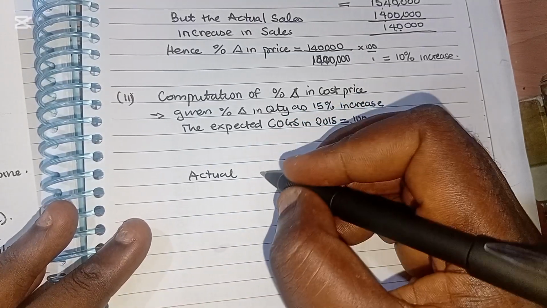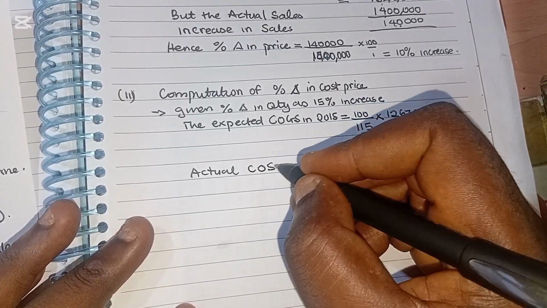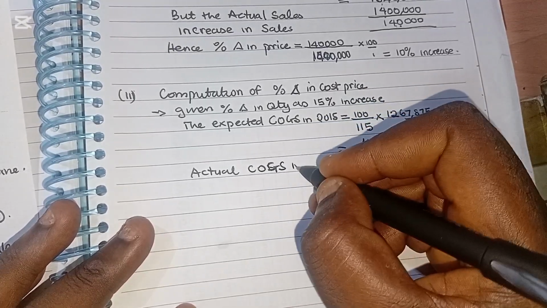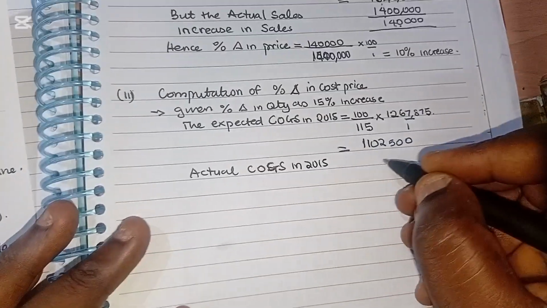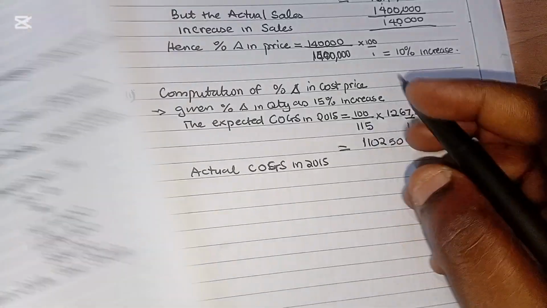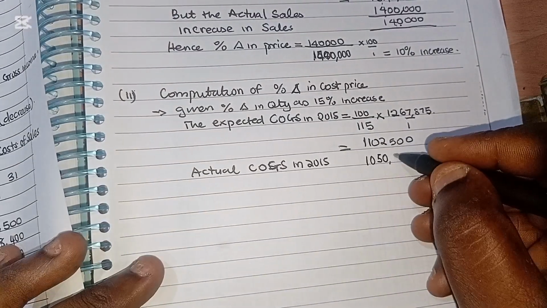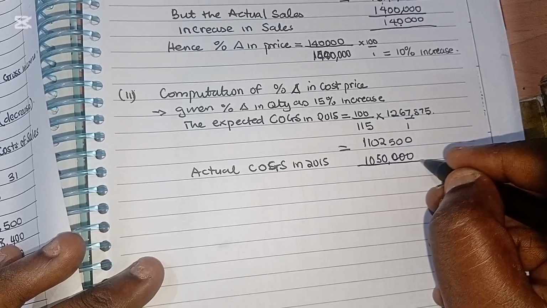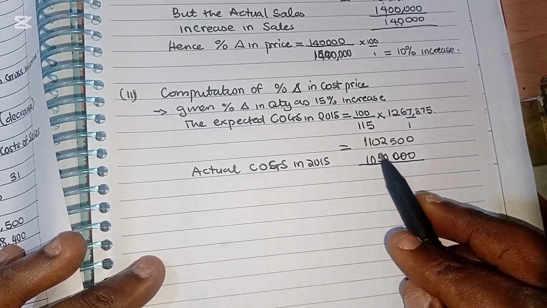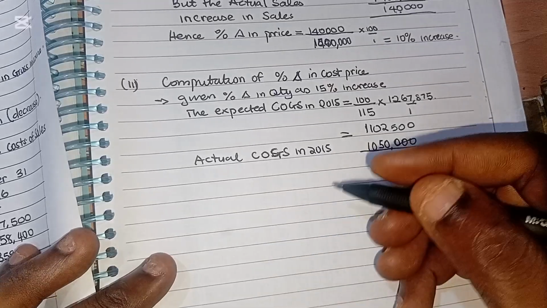actual cost of goods sold in 2015. So what's the actual cost of goods sold in 2015? That is 1,050,000. All right. So if you look at this figure and this figure, there is also an increase.